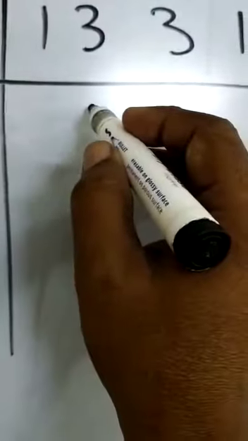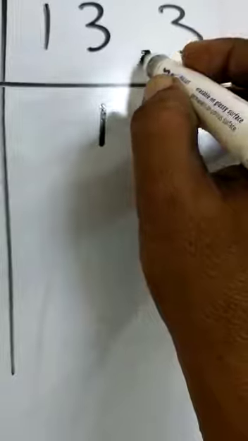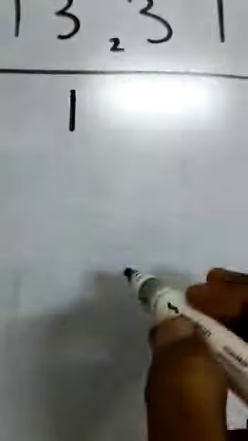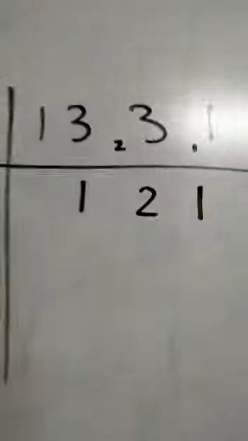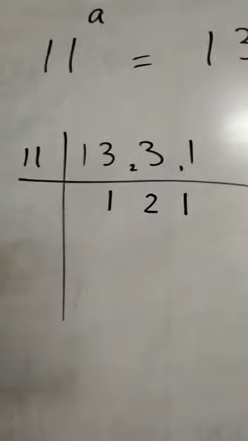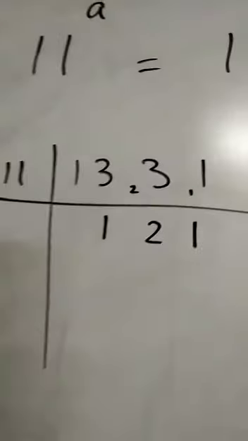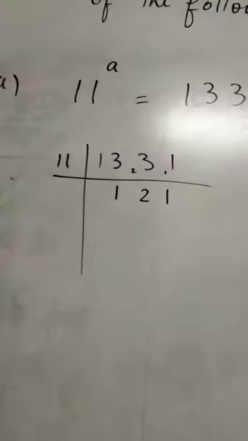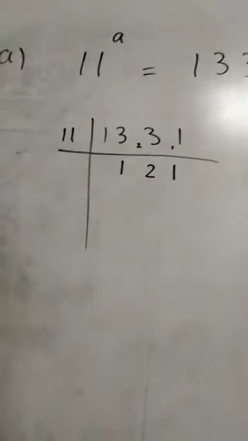So we will start dividing it by 11. 11 ones are 11, 2 will be carried over, and this will become 23. Now 11 twos are 22, and 1 will go over there, so it becomes 121. So when you divide 1331 by 11, you get 121.